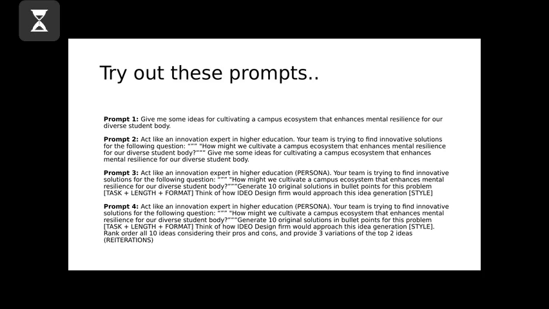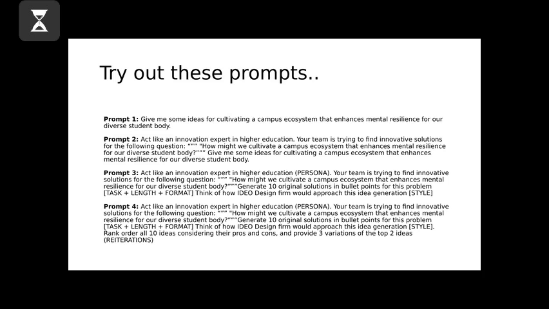And then prompt 4, again, the same content as prompt 3, but I added reiterations now. I ask AI to rank order all 10 ideas considering their pros and cons and provide 3 variations of the top 2 ideas. And I guarantee you the output that AI will generate at the end of prompt 4 will be much, much better than the output you will generate using prompt 2.